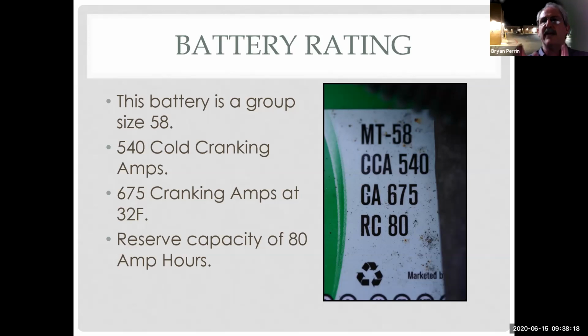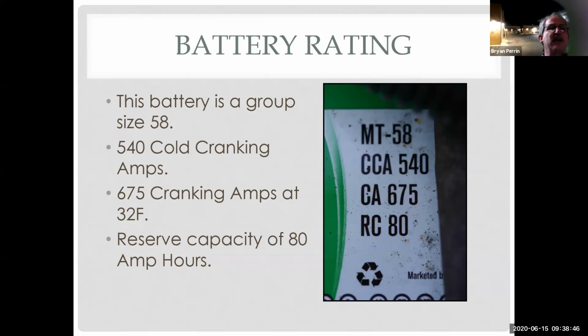So with a 58 group size, whether I buy it from Interstate, which is what this one is, or whether I buy it at a Die Hard, or whether I buy it AC Delco, or I buy it off of XYZ Auto Parts, if it's a group 58 battery, that means it's a certain height, a certain width, a certain length, and it's molded in such a way that the hold down will fit and everything else that's designed for that group 58 battery.